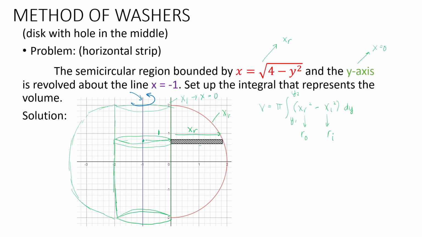Since this one is our axis of rotation, going towards the y-axis, that would be 1 unit. Going towards the outer portion, which is the outer radius, that length is xr. So our outer radius is 1 plus xr.